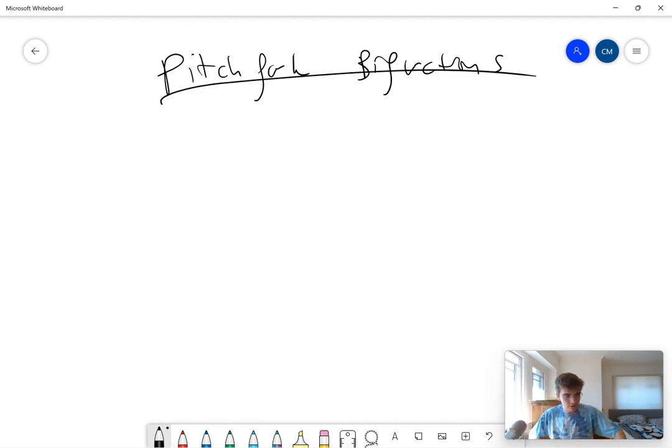Pitchfork bifurcations are a lot different from saddle node and transcritical in that we actually have one fixed point basically giving birth to 3, okay? And so the normal form for this is going to be x dot is equal to rx minus x cubed, and this will be a plus or minus, okay?